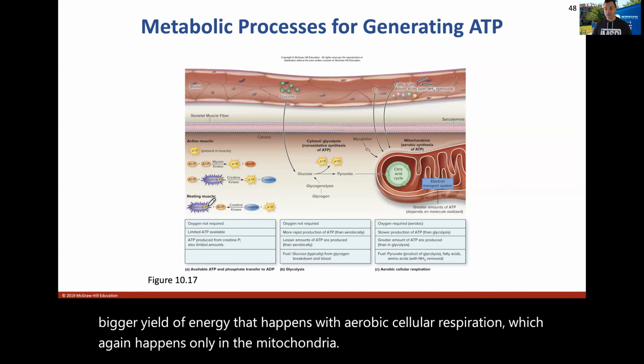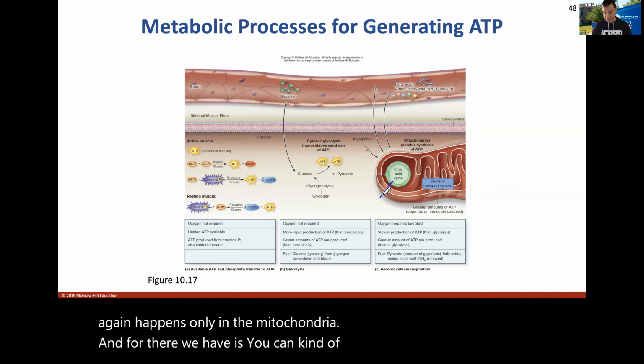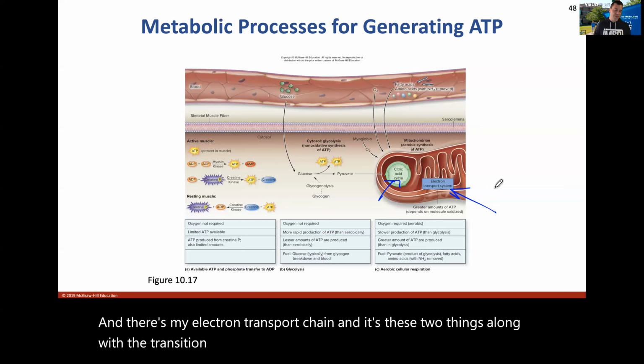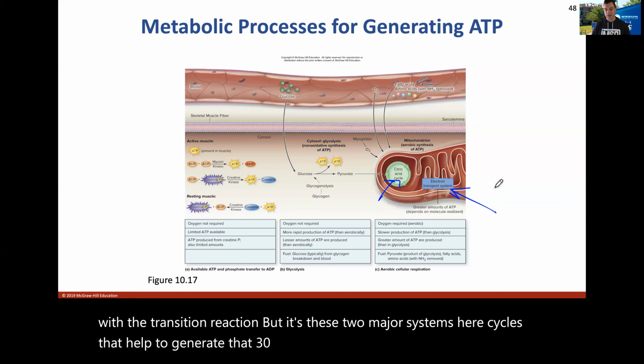And from there we have, as you can see, my citric acid cycle, and there's my electron transport chain. It's these two major systems, along with the transition reaction, that help to generate that 30 to 32 ATP that we typically see coming from glucose molecules itself.